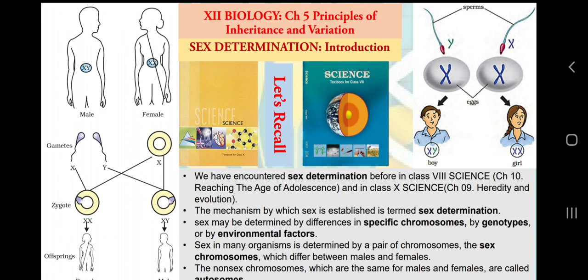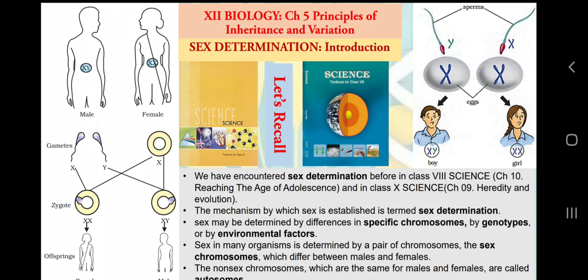And then after 1 year we again studied this concept in class 10th chapter 9, heredity and evolution. So I hope you all class 12th biology students are familiar with the mechanism of sex determination in human beings, and if you are not, I am going to explain that also, but in later slides.